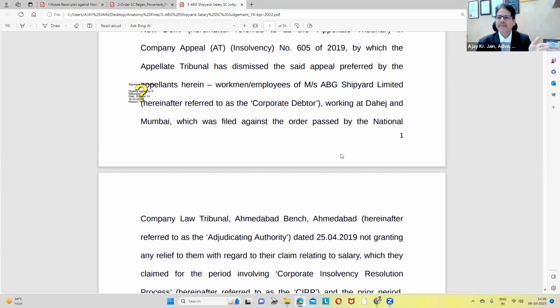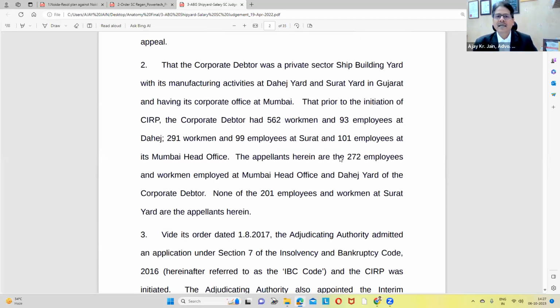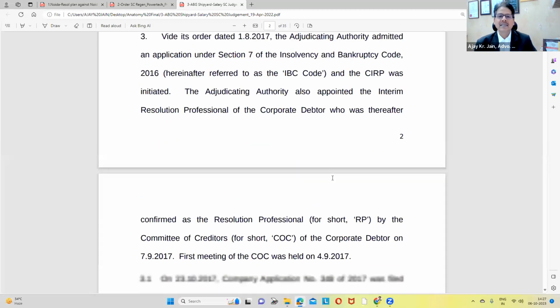So prior to CIRP period becomes claim, post CIRP becomes the CIRP cost. However, this liquidator, who was earlier RP, failed to pay their dues and took the ground that the company was not a going concern and he is unable to pay the wages or salaries.